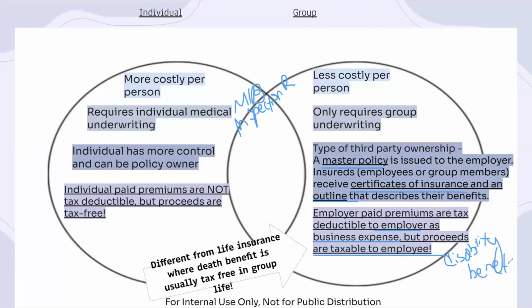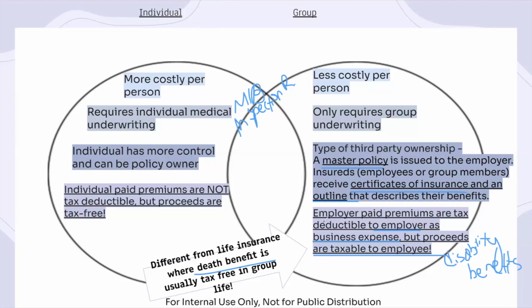So this is different from life insurance because death benefits aren't taxable. Remember when we looked at group life insurance and we saw beneficiaries don't get taxed for receiving those benefits?